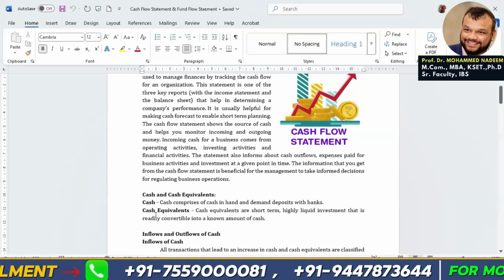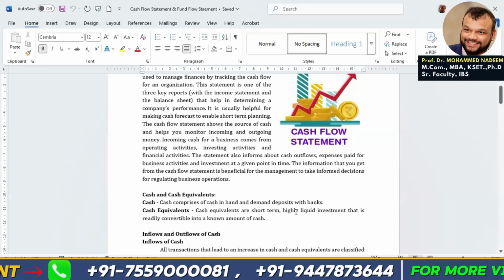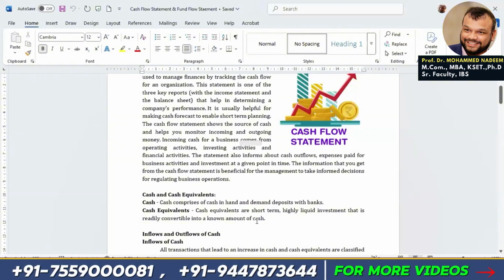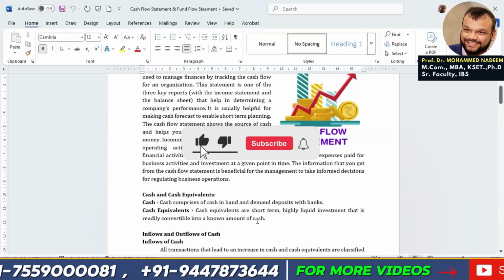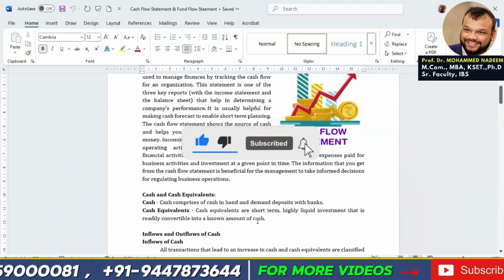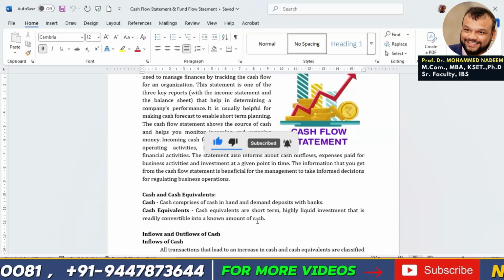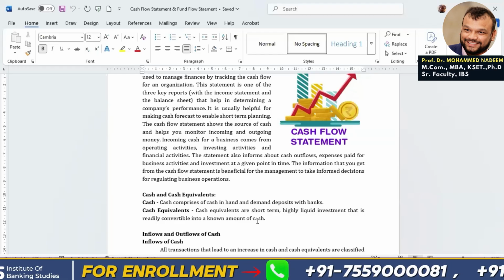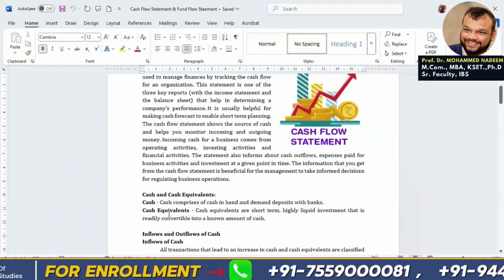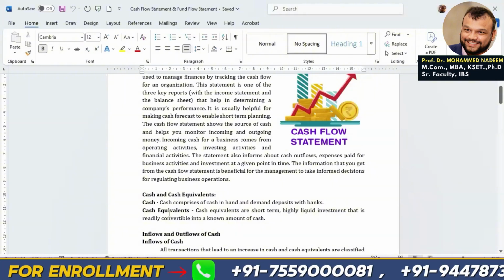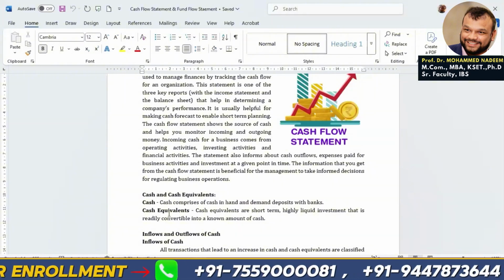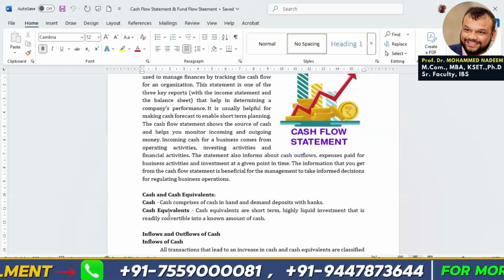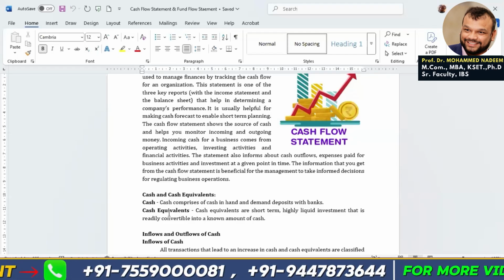And cash equivalents are short-term and highly liquid investments that are readily convertible into a known amount of cash, like for example gold bonds, NSE bonds, National Savings Certificates. That kind of investment comes under the category of cash and cash equivalents, which we can convert into cash without any time gap. Immediately you'll get the money. That is called cash.